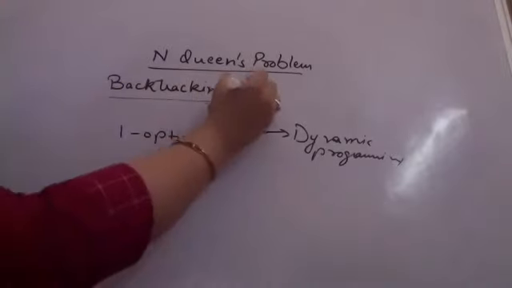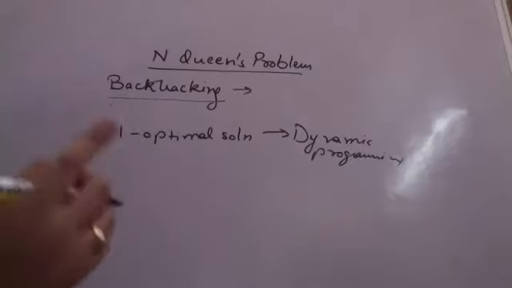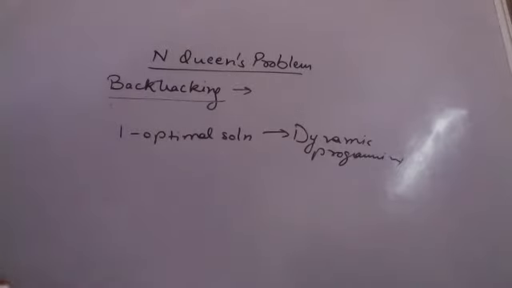This gives me more than one possible solution. It gives me all the possible solutions using the state space diagram, which we'll just be creating. We'll see how we do that. So if a single solution can suffice in a situation, we use dynamic programming. Otherwise, we will be using backtracking.